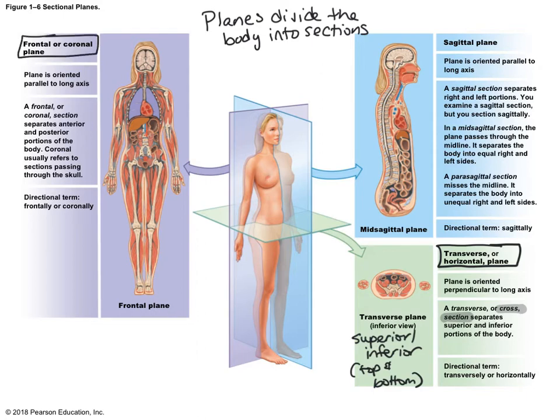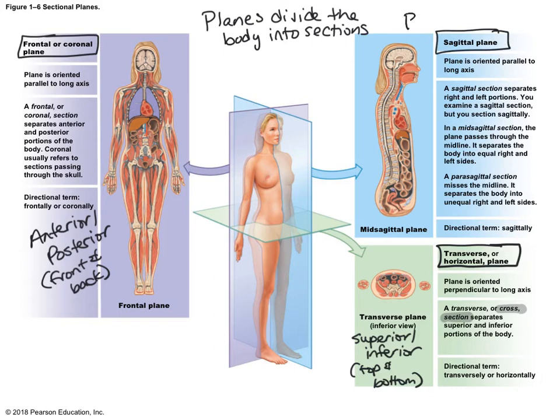The frontal plane divides the body into anterior and posterior sections. So basically it's dividing the body into a front and a back. Then we have the sagittal plane. A sagittal plane is this one in blue here, and it divides the body into right and left sections.